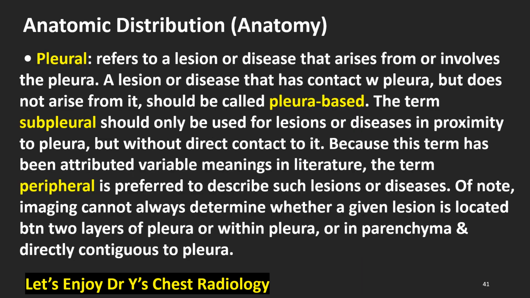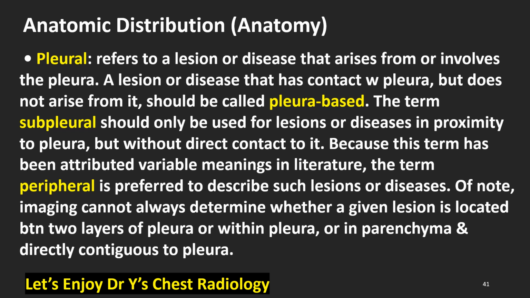Anatomic distribution, pleural: refers to a lesion or disease that arises from or involves the pleura. A lesion or disease that has contact with the pleura but does not arise from it should be called pleural-based. The term subpleural should only be used for lesions or diseases in proximity to the pleura, but without direct contact with it.